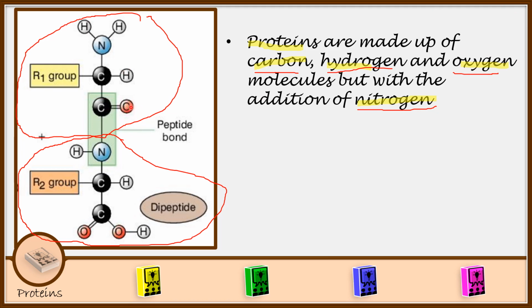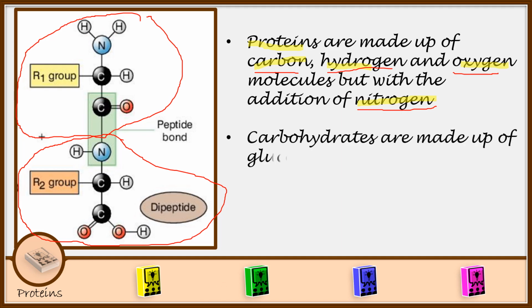And then there is also an addition of nitrogen. We also have nitrogen here. So those are the elements that form our protein: carbon, hydrogen, oxygen, and in addition nitrogen.